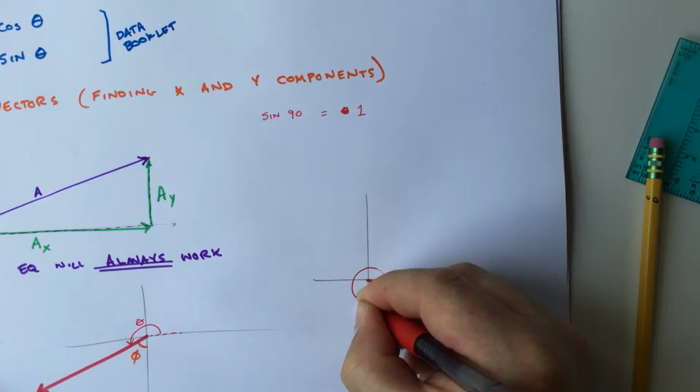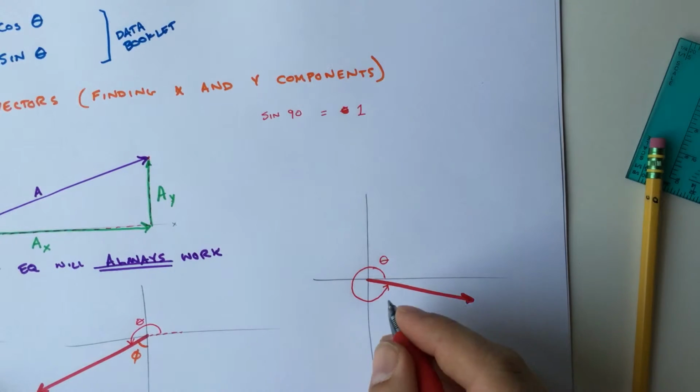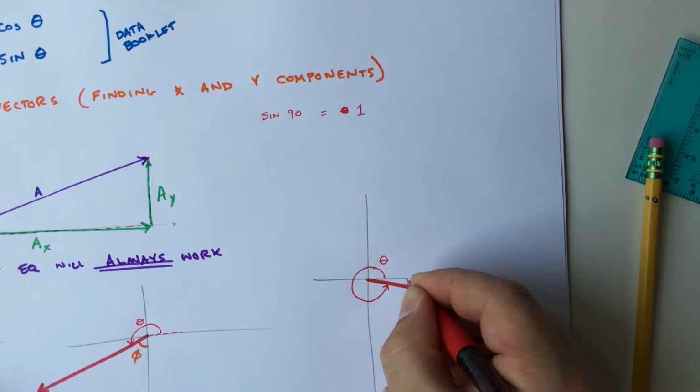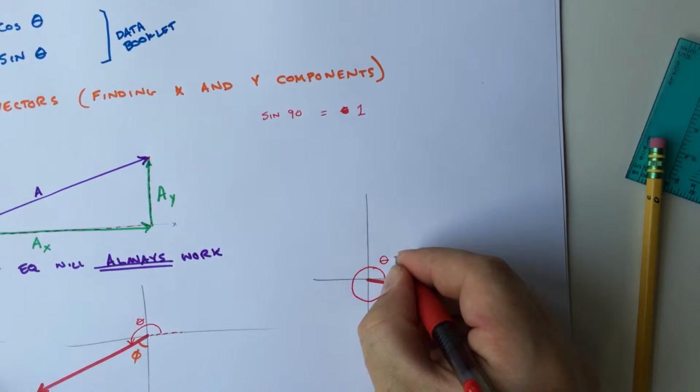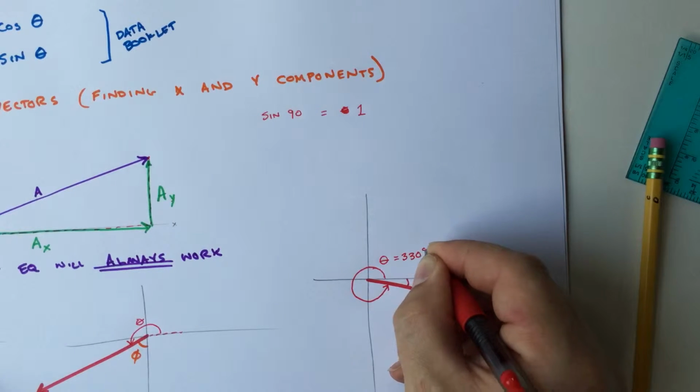It's going to be almost all the way around the circle. If they tell you that this angle here is 30 degrees, then you have to say that theta is equal to 330 degrees.